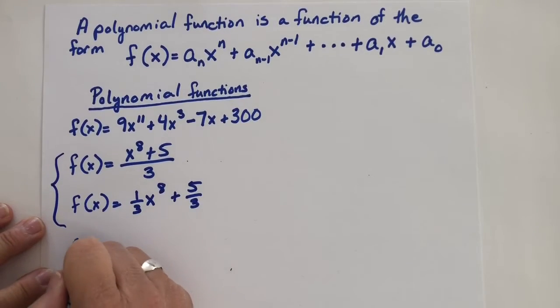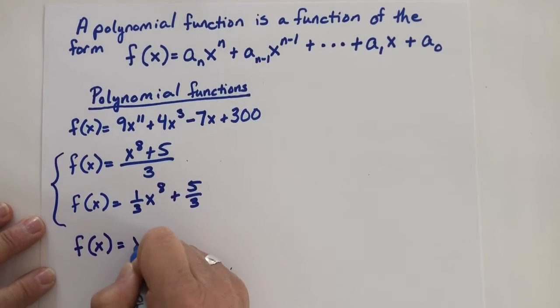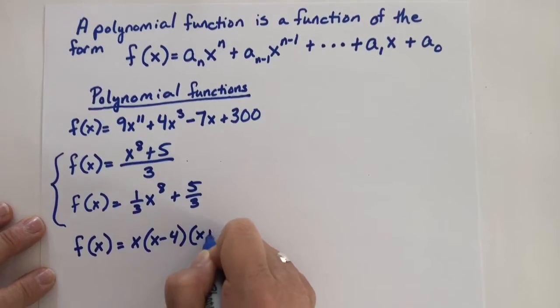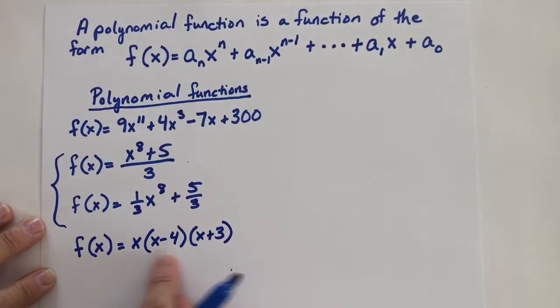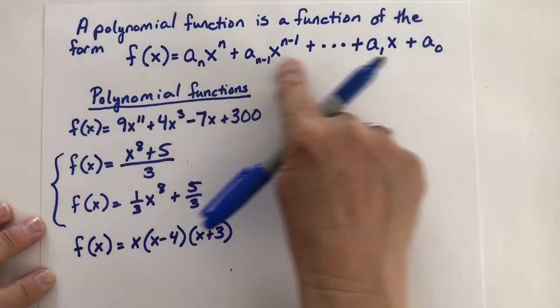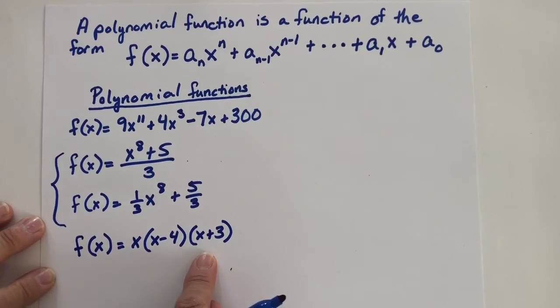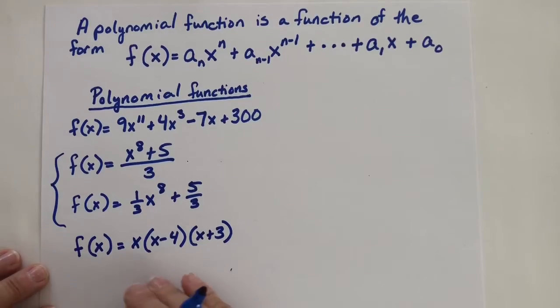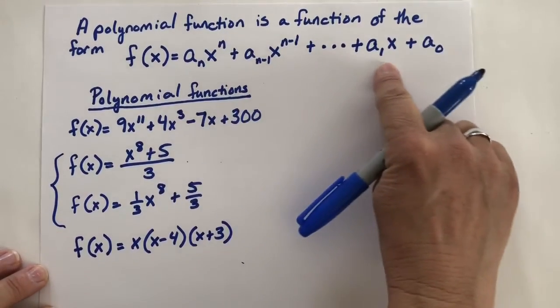Or how about a polynomial that looks like this? F of x equals x times x minus 4 times x plus 3. Now, although it doesn't come looking like this, if we were to multiply it out, we would see that we would have an x cubed and then some other terms that would fit in this pattern.